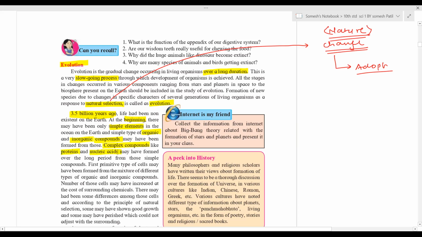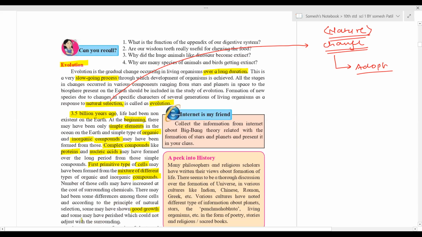And DNA is what? DNA is one kind of nucleic acid because it is present in the nucleus. So nucleic acid has formed, and from that we got the first primitive type of cell, which is a mixture of different types of compounds. The number of those cells increased, and as they kept increasing they showed good growth.